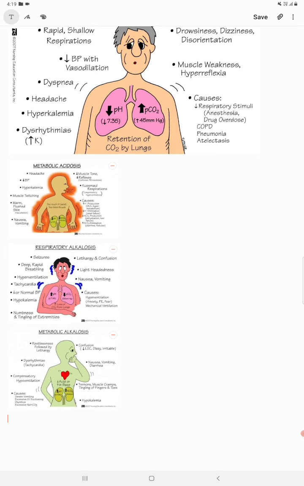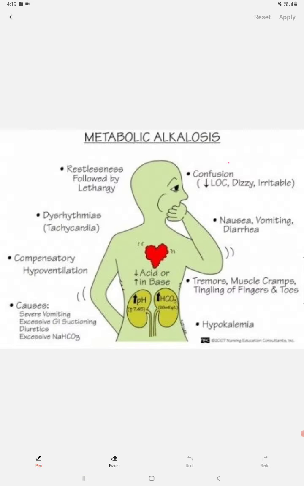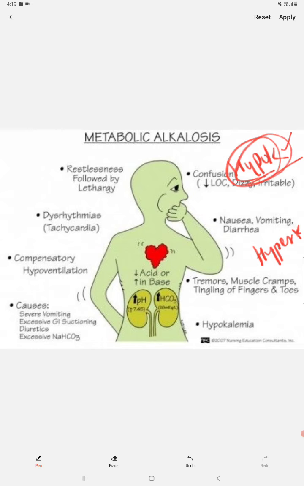So you need to understand, first of all, we are seeing hypokalemia and hyperkalemia, and ultimately you need to remember in which conditions we see each. Whether it is metabolic or respiratory, if it is alkalosis, then we can see hypokalemia. If it is acidosis, then we can see hyperkalemia.